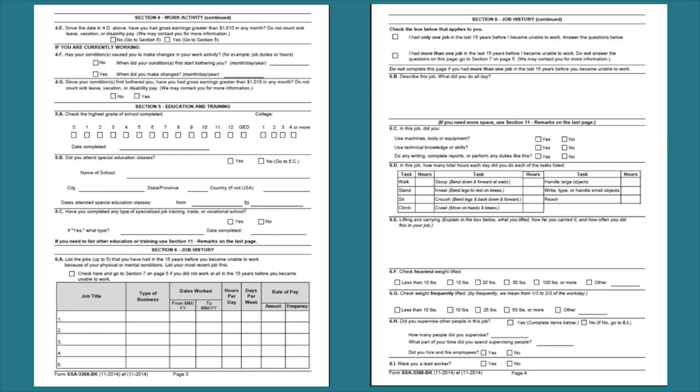It asks about education and training. The reason for that is, again, Social Security is going to look and see, well, if you've been a logger and you're not able to use your left arm anymore because of nerve damage from a tree falling on your shoulder, they're going to look at your education and training, and they may go, oh, you trained as, I don't know, a sous chef, or a typist, or something else.